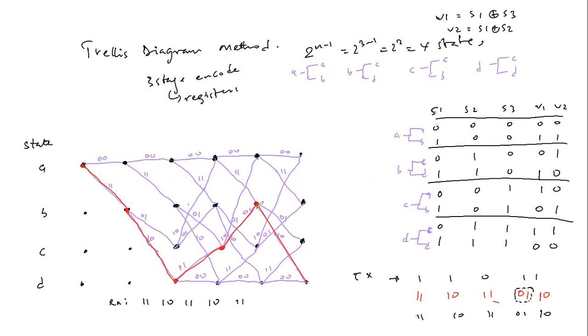Because from this point to this point, the output emits a 1 0. It's a 1 0 from D to D, right? It's a 1 0, not a 1. And the previous is also a 1 0.